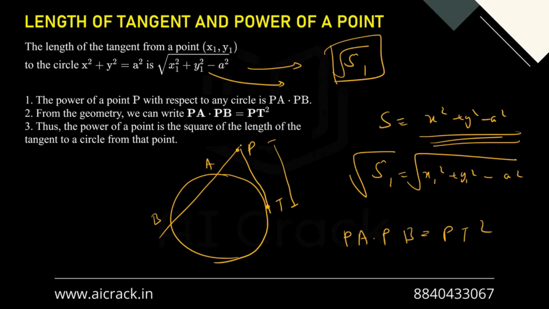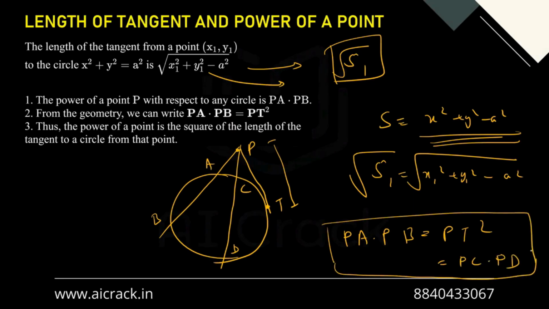And also if I drop one more secant and mark it as C and D, that would equal PC dot PD. So you have to remember this formula. We got one question about this in PGDBA 2022, and we might get a similar concept again, maybe. So this is how we define the power of point.